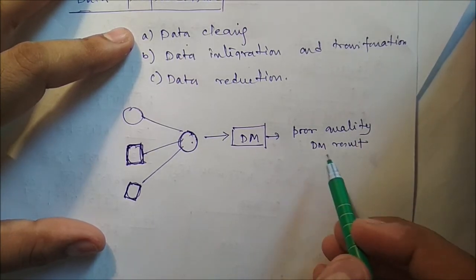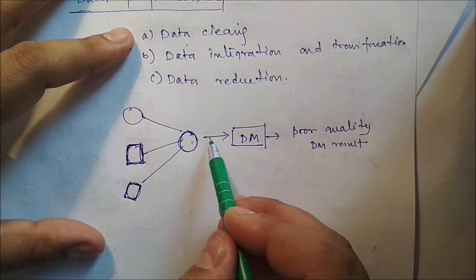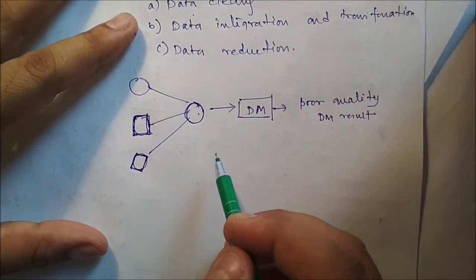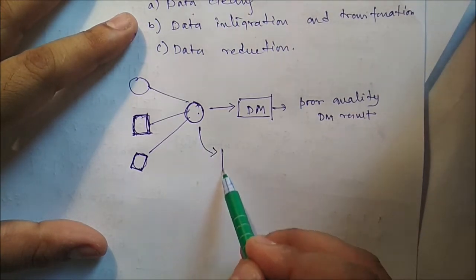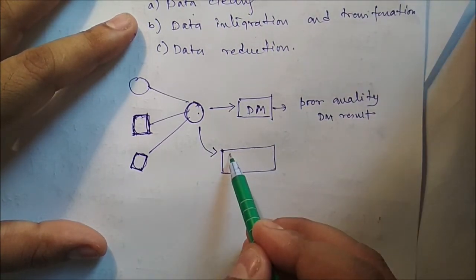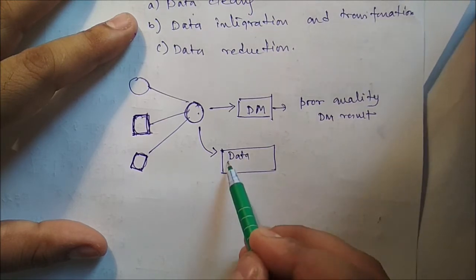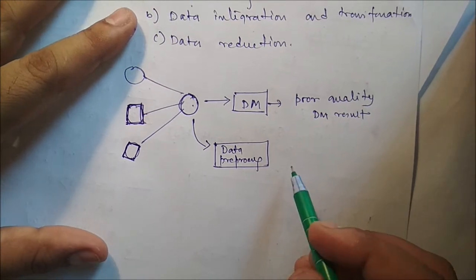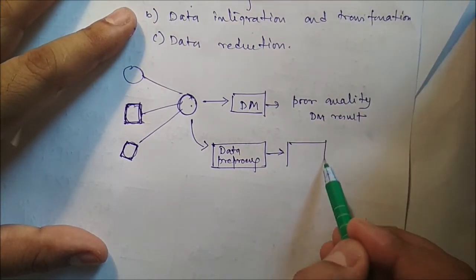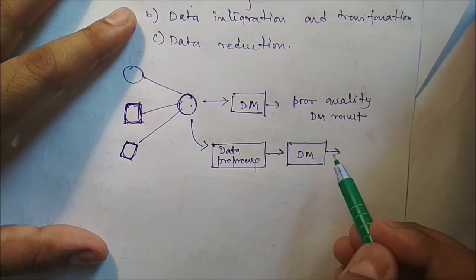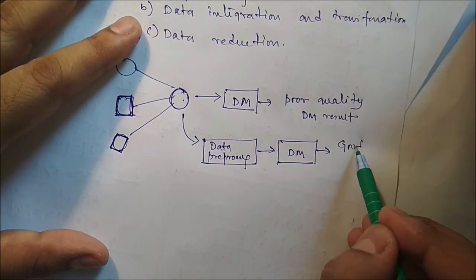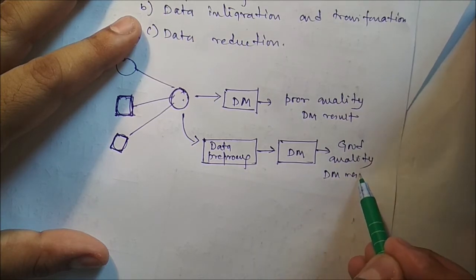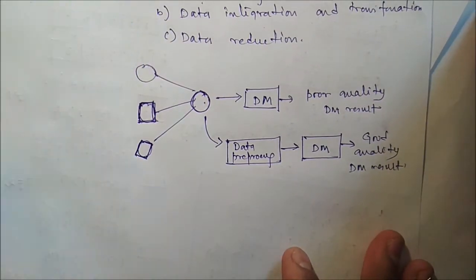We may receive poor quality results if you directly apply the original data to data mining. But first of all we have to apply data preprocessing to increase the quality of the data, and then apply data mining, and then we may receive good quality data mining results.